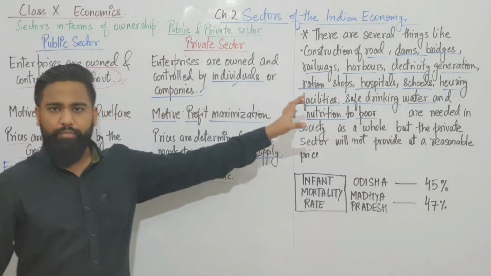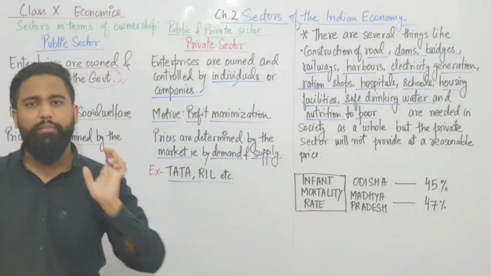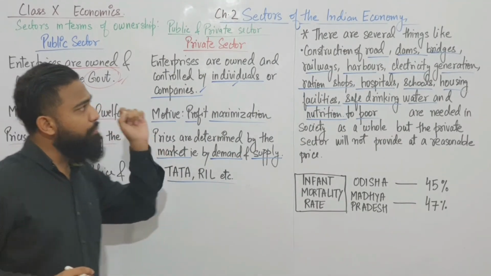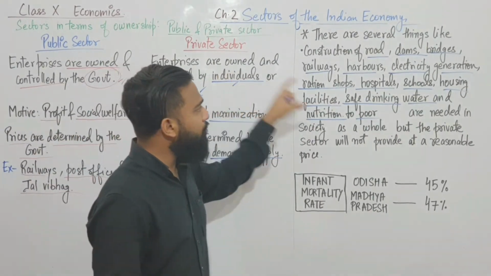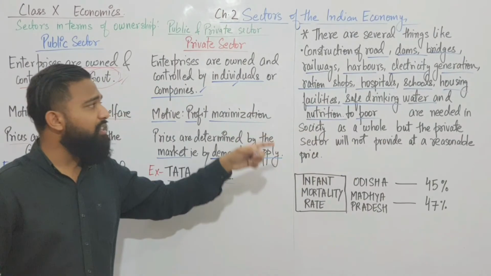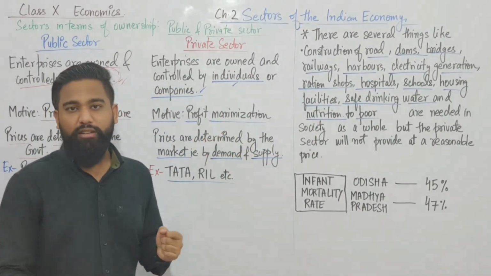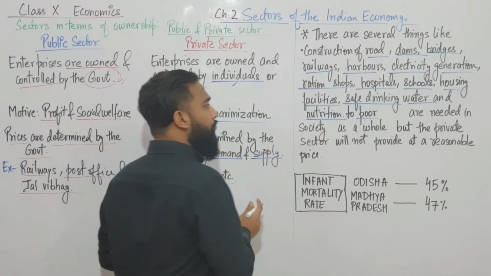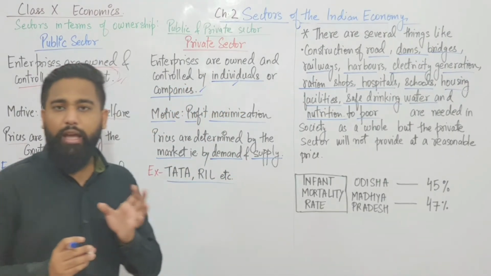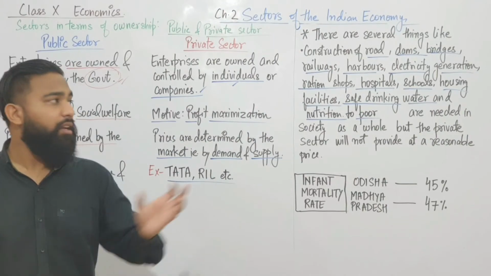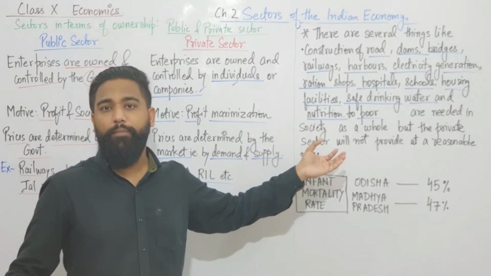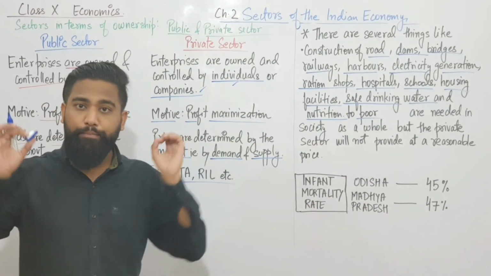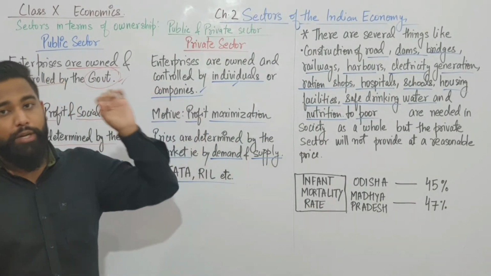So most of these activities are provided by the government. Why is it so important for the government to produce these facilities? Why not the private sector? First of all, any individual won't have so much money to generate such activities. So the government has a big amount of money, so they are the ones who produce.